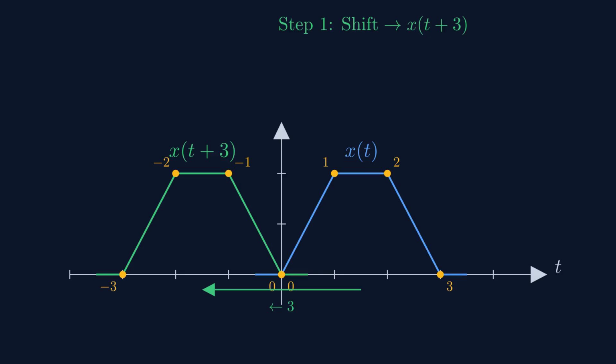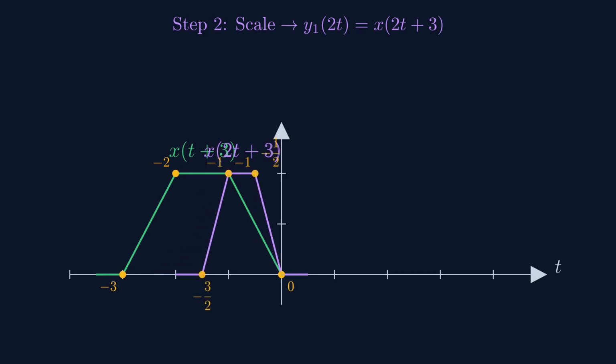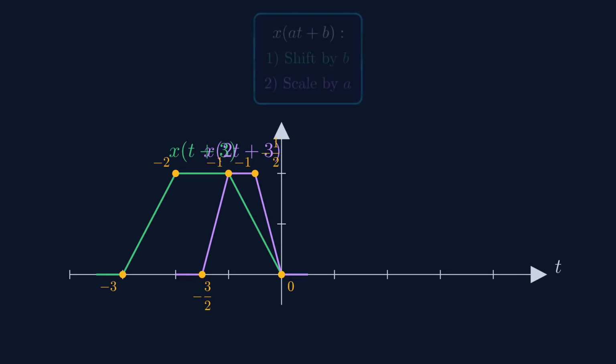We draw x of t plus 3, which shifts the entire signal 3 units to the left. The trapezoid now spans from -3 to 0. Step 2. Scale. We replace t with 2t, dividing the time axis by 2. The signal is compressed, now spanning from -1.5 to 0.